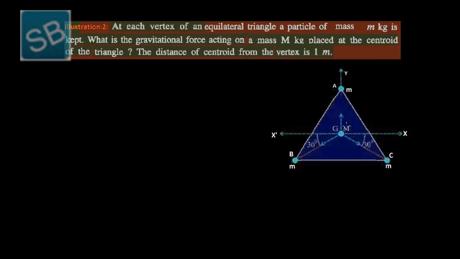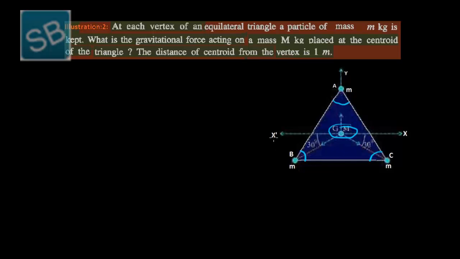So this is the centroid of the triangle at which capital M mass particle is placed, and the distance of the centroid from the vertex is 1 meter.